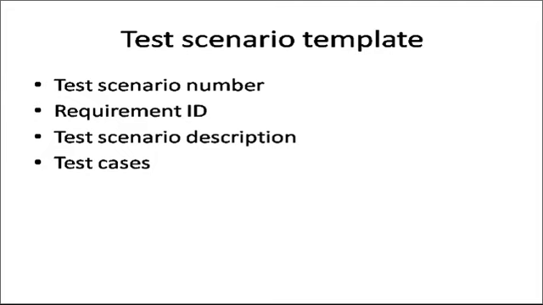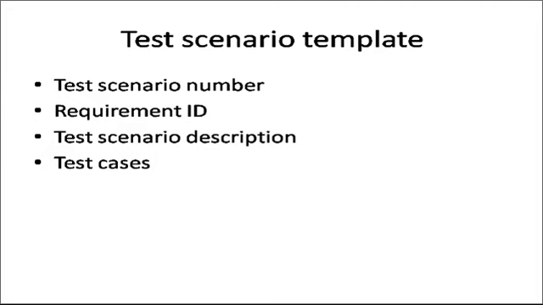This template may include these fields, whereas the format or template is tester defined. So you may define your own test scenario template. This is the sample template which I am providing to you. How these fields are arranged is up to the tester.